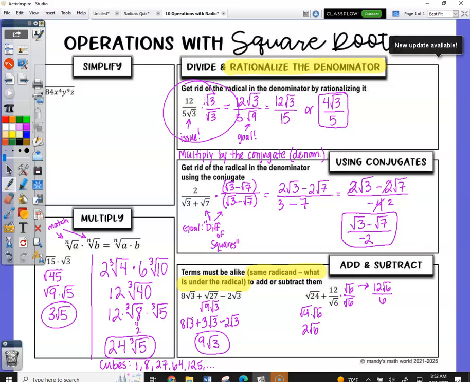The 12. Can it divide into the 6? No. So this goes into here, and I actually have 2 square root 6, and I no longer have a fraction. This 6 divides into that coefficient of 12 2 times. So this actually is 2 square root 6. I'm going to bring that back here, and then now I can write my answer.